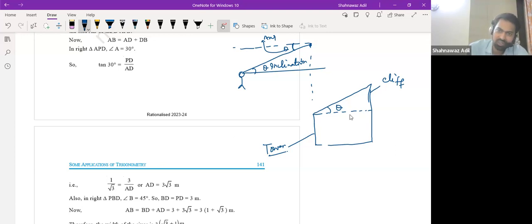So how are these angles equal? Which means that this tower is bigger.